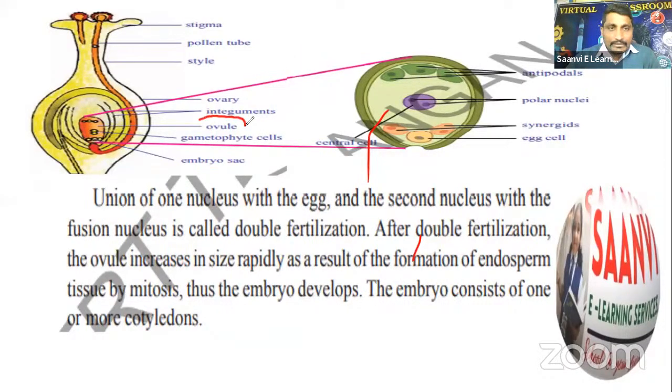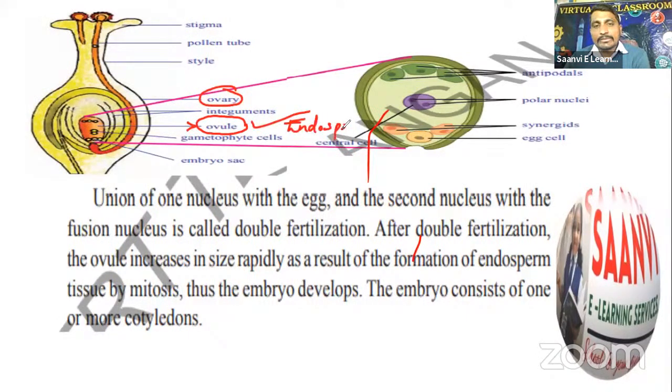This is an ovule. This is the ovary. After double fertilization, the ovule increases in size rapidly as a result of the formation of endosperm.